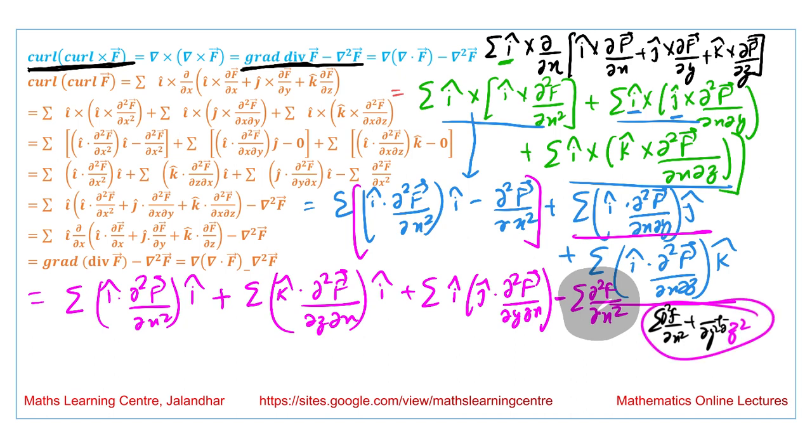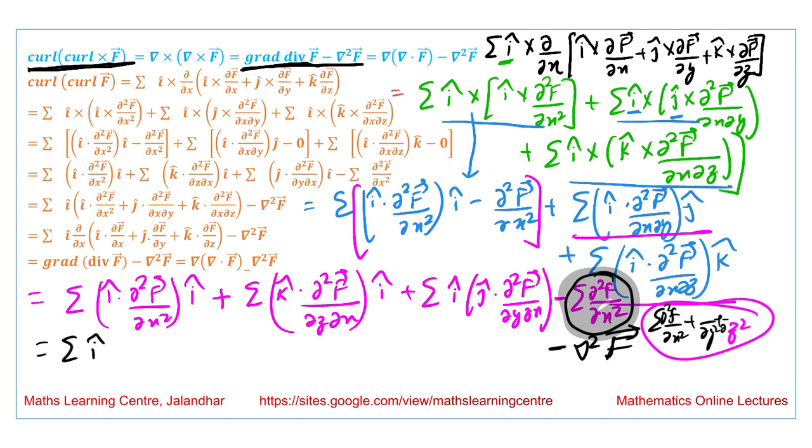So, the sum of all these terms is equal to del square f vector, with a minus sign over here, and from all these terms we can take i common.